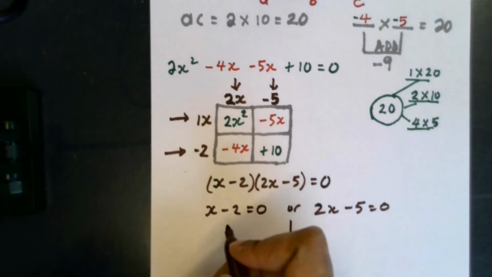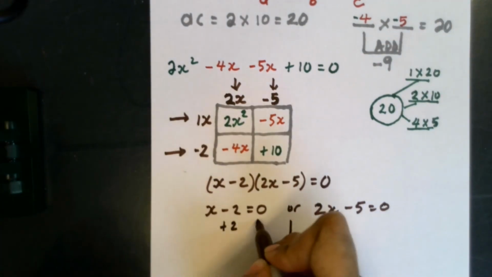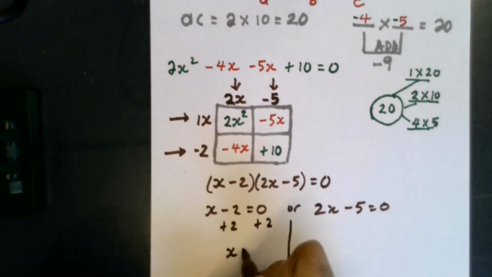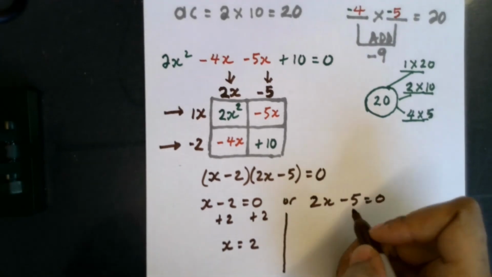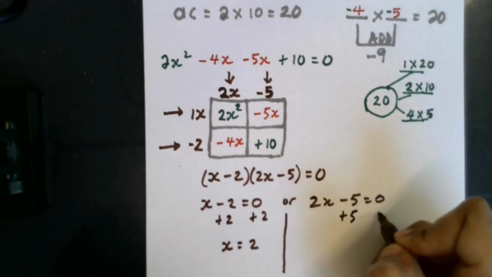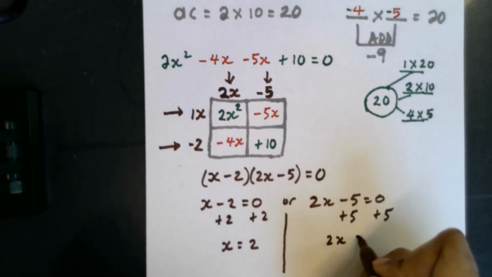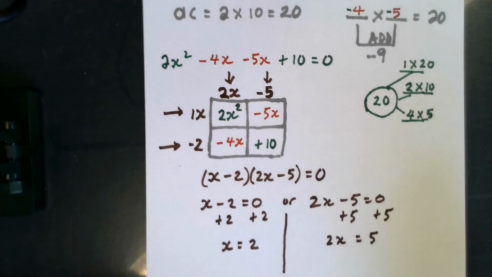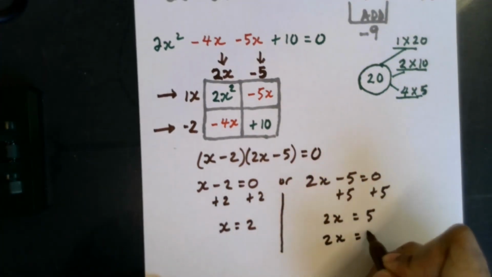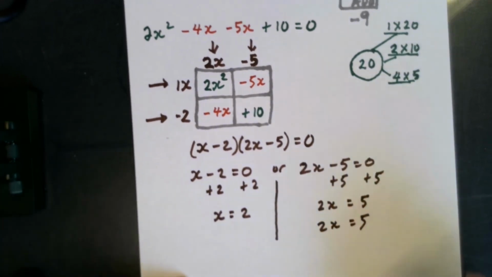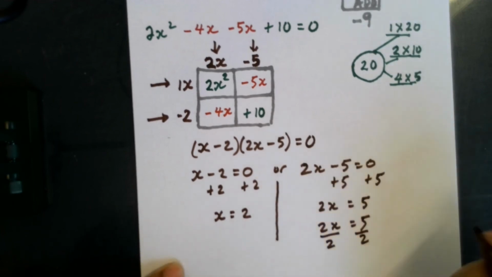So to solve this equation, I am going to add 2 to both sides. So x is equal to 2. And for this equation, I'm going to add 5 to both sides. 2x is equal to 5. And then I'm going to divide both sides by 2.